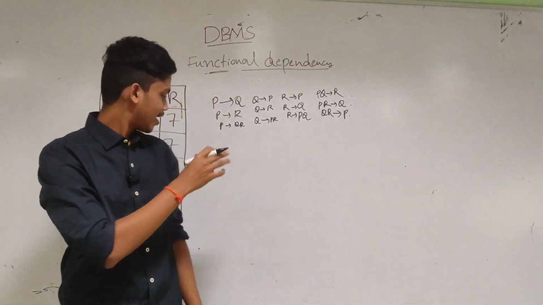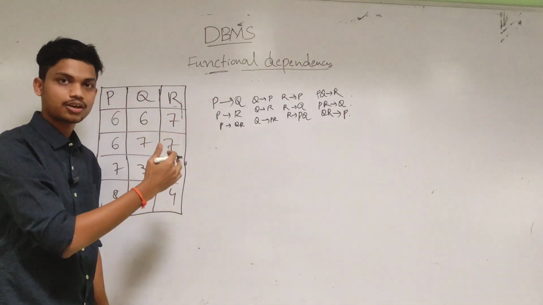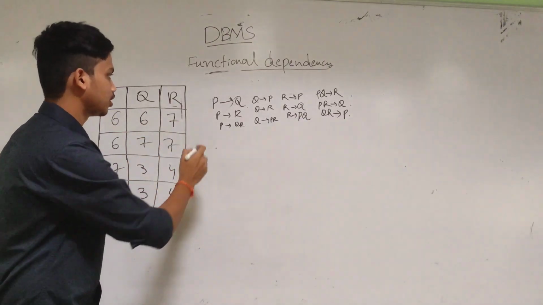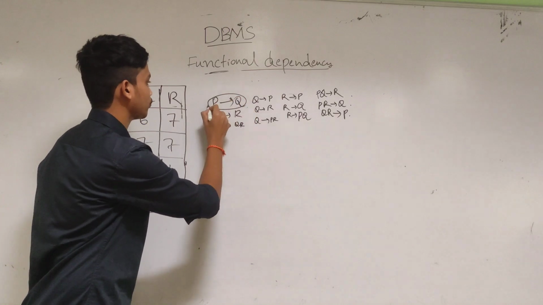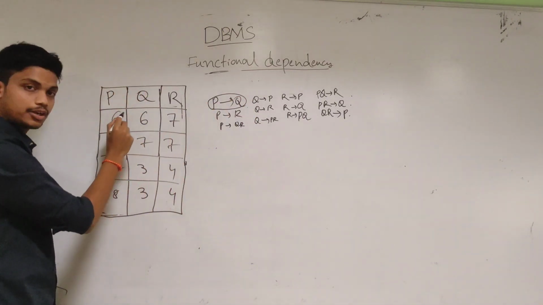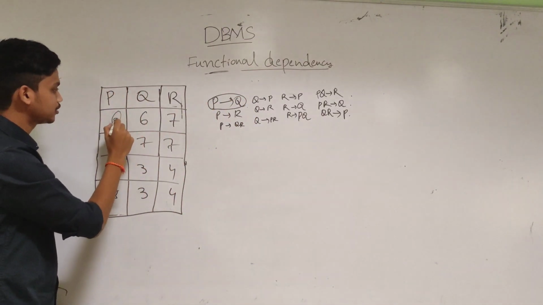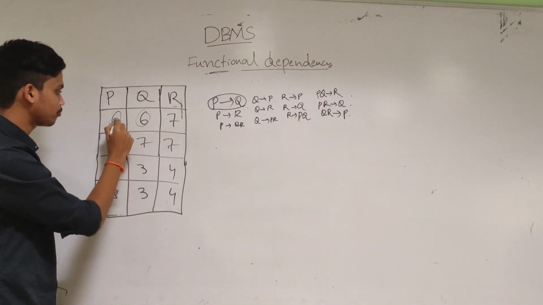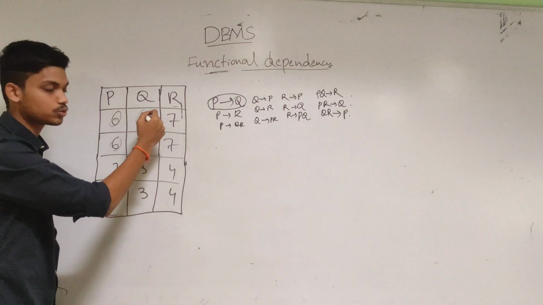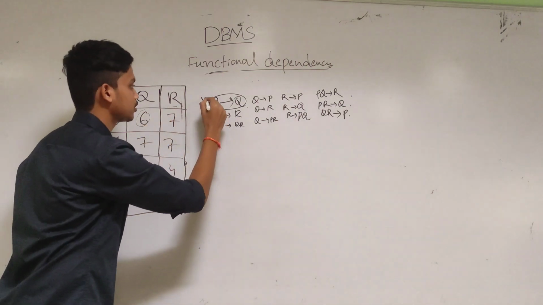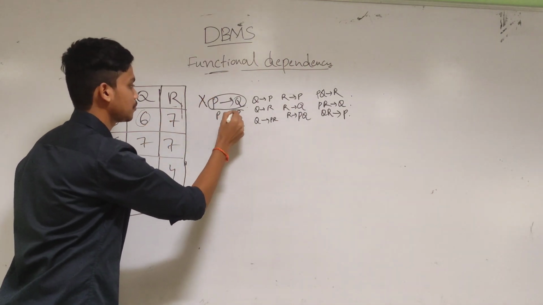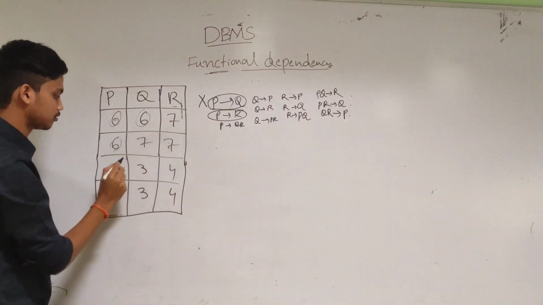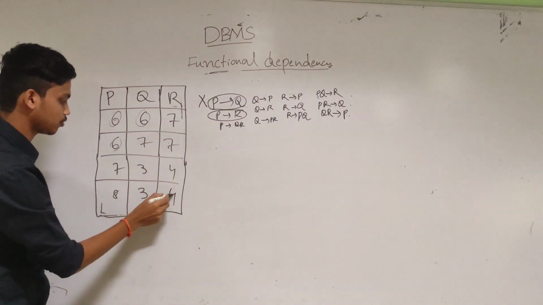Now take this table as an example and check how many non-trivial functional dependencies are actually satisfied by this table. Let us first check P to Q. P is 6, Q is 6, P is 6, Q is 7. For one value of P, there are two values of Q. So this is not possible. This functional dependency is not true. Let us check P to R. 6, 7, 6, 7, 7, 4, 8, 4.